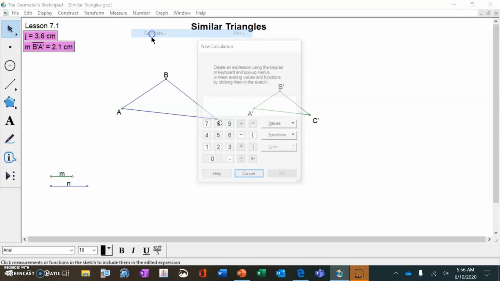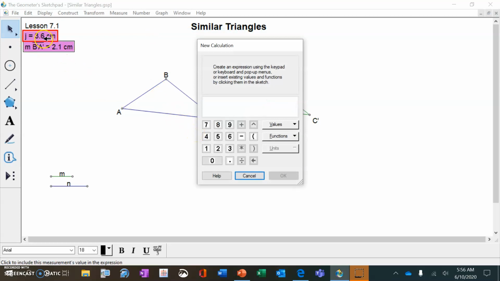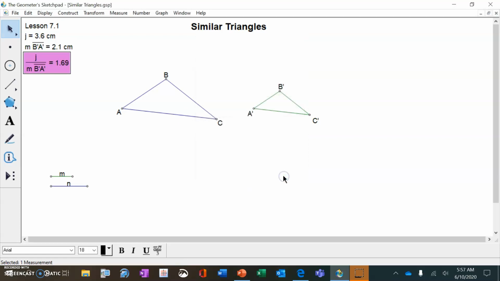So if I go to my calculator, let's do the first triangle on the left, divided by that corresponding side on the triangle on the right that is similar to it. When I divide it, I get 1.69.